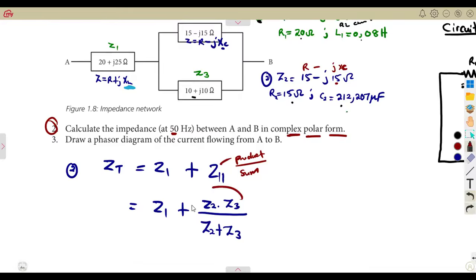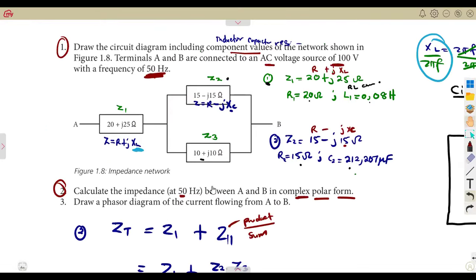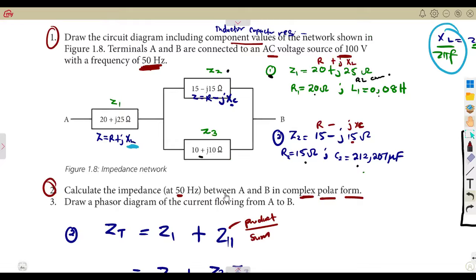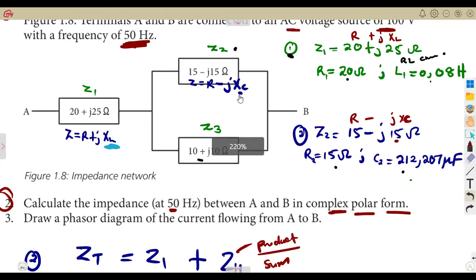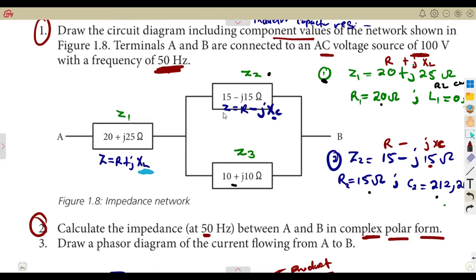Remember, multiplication is best in polar form. Addition is best in rectangular form. So we are forced to convert all these to polar form, because there is a part where you are going to need that polar form.